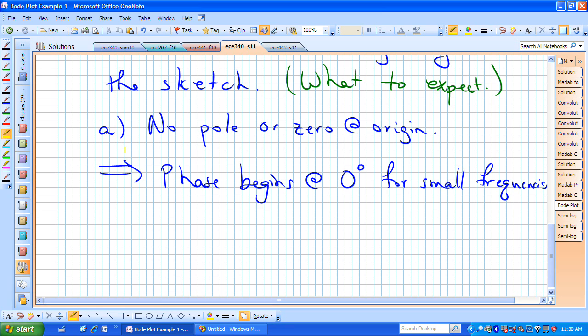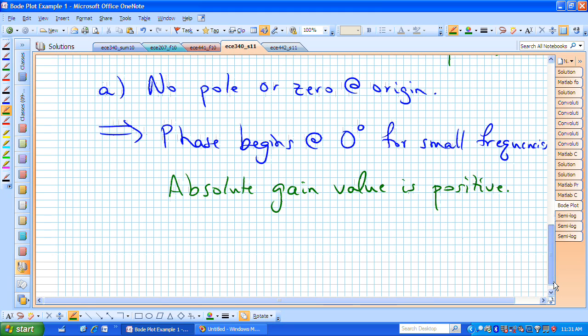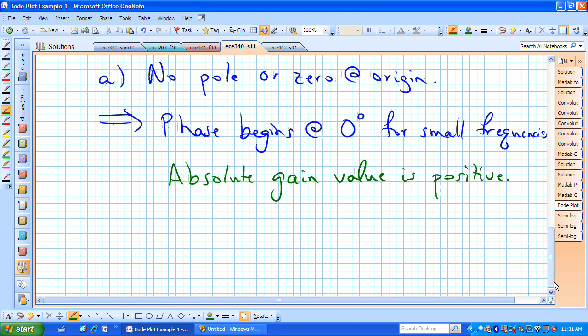So with no pole or zero at the origin, we not only have a phase beginning at 0 degrees, but we know our absolute gain value, and in this case it's a positive 1/10. That gives us a straight line that we will be beginning our magnitude plot with.